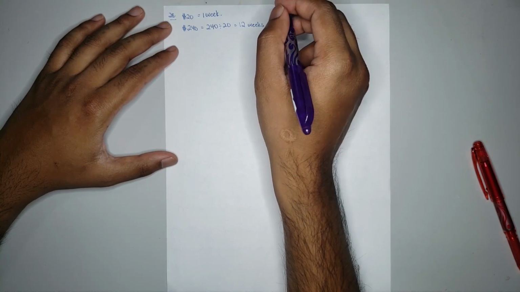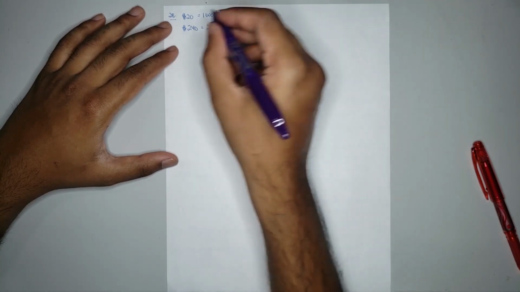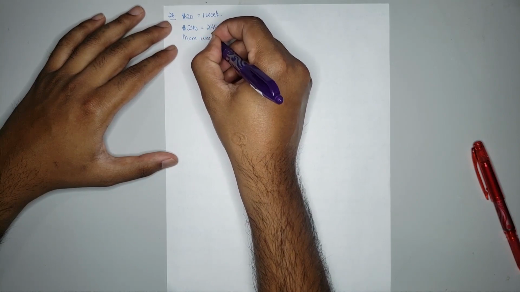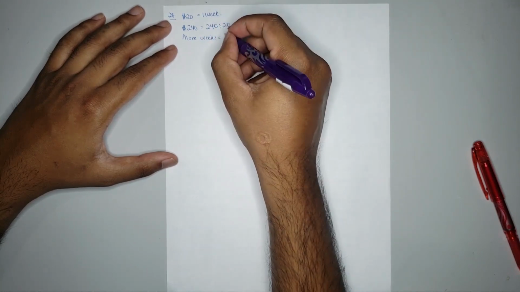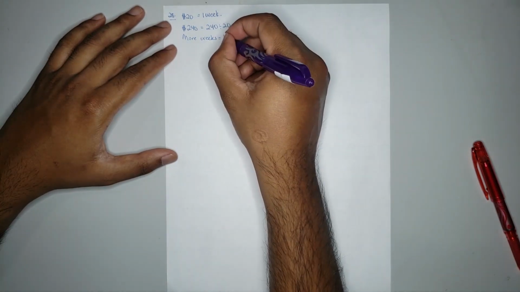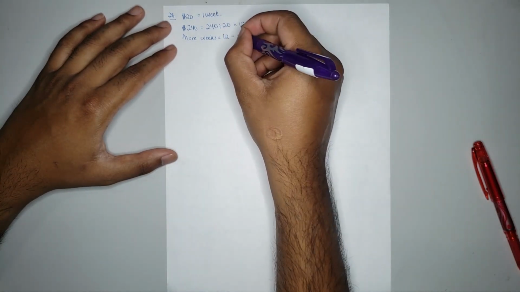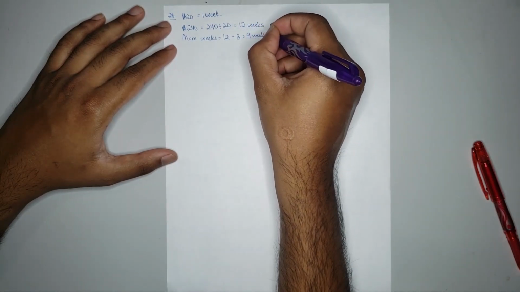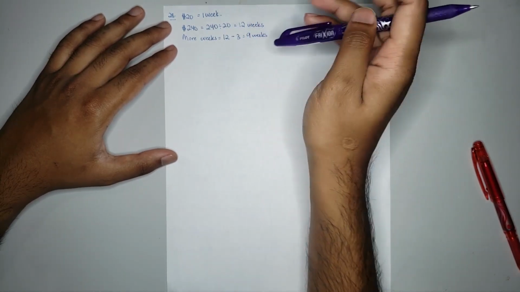So far she has saved for only 3 weeks, so more weeks is equal to 12 take away 3, which is equal to 9 weeks. So she needs to save for 9 more weeks.